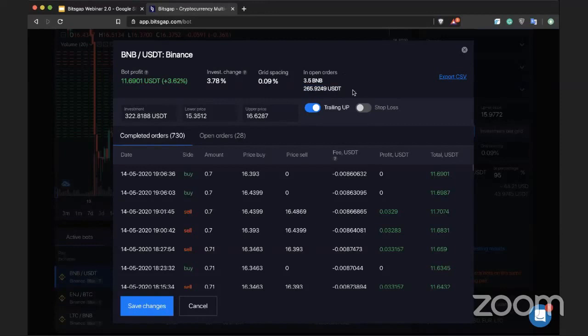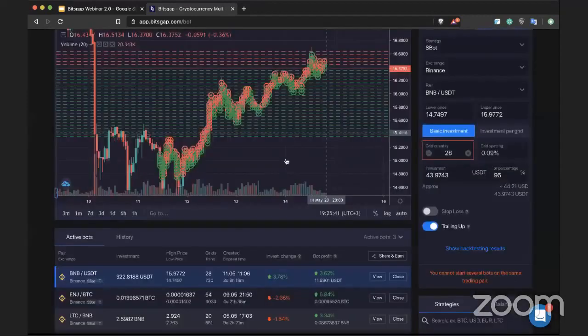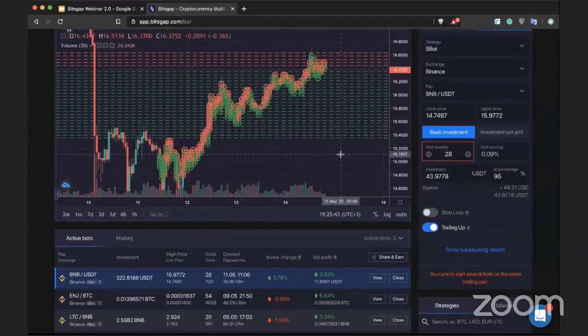So that's the disproportionate situation right now. My USDT currently accounts for more than 80%. So I missed some of the upside momentum just because I didn't have enough grid levels to capture all of the possible price swings. And that can happen, all right? That depends on the cryptocurrency pair.